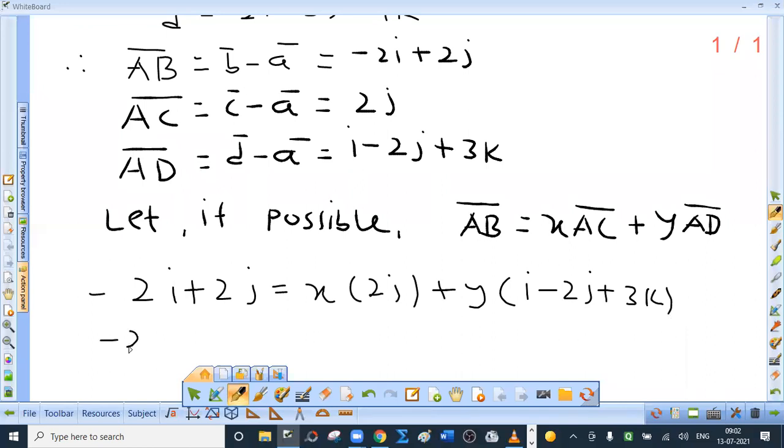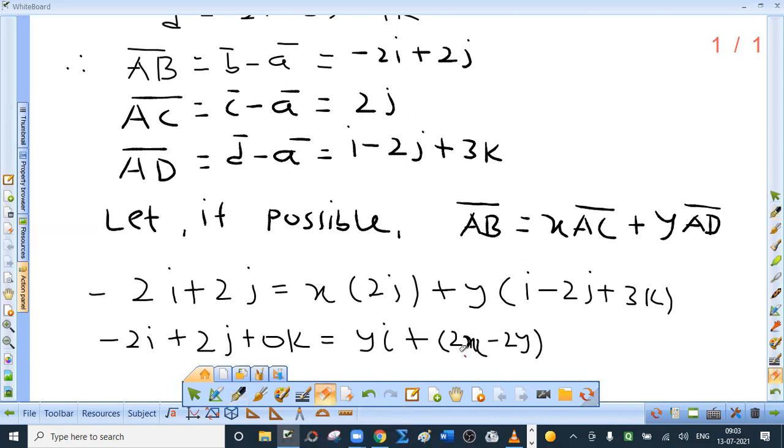I write this as minus 2i plus 2j plus 0k equal to yi plus (2x minus 2y)j plus 3yk. I'm rearranging the terms. Okay.